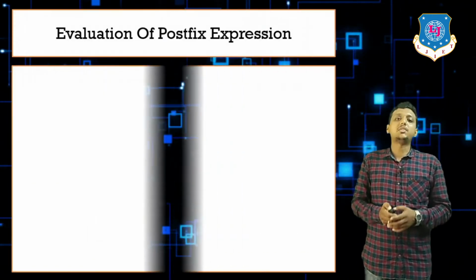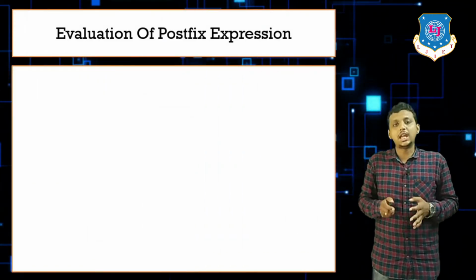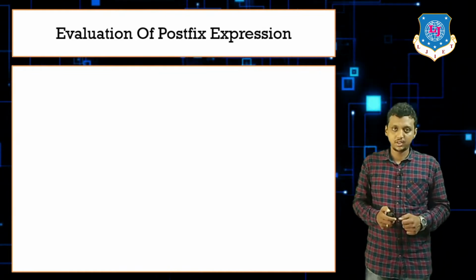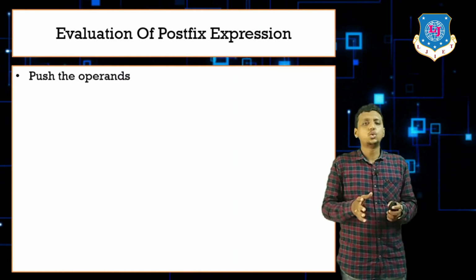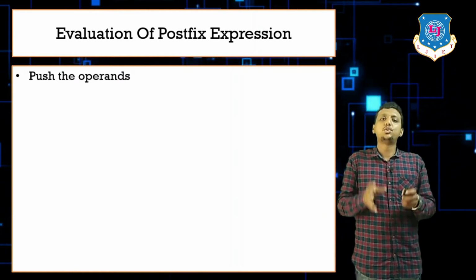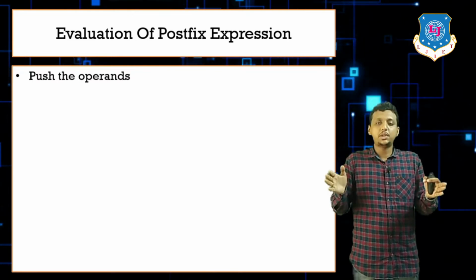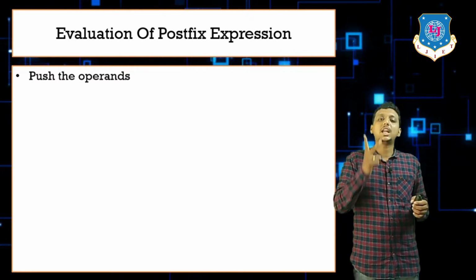So let's start with our very first application, that is known as evaluation of postfix expression. Students, what we are going to do over here, we first need to push all operands in the stack. Right now in the expression, we have operators and operands.